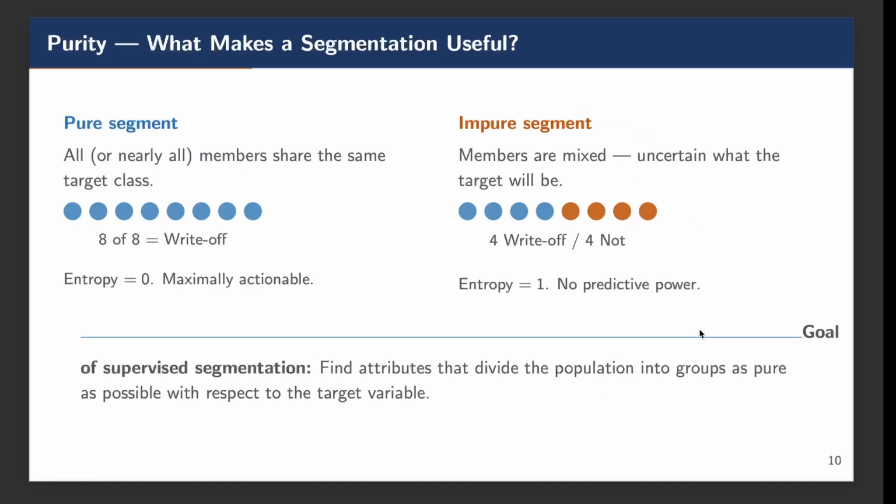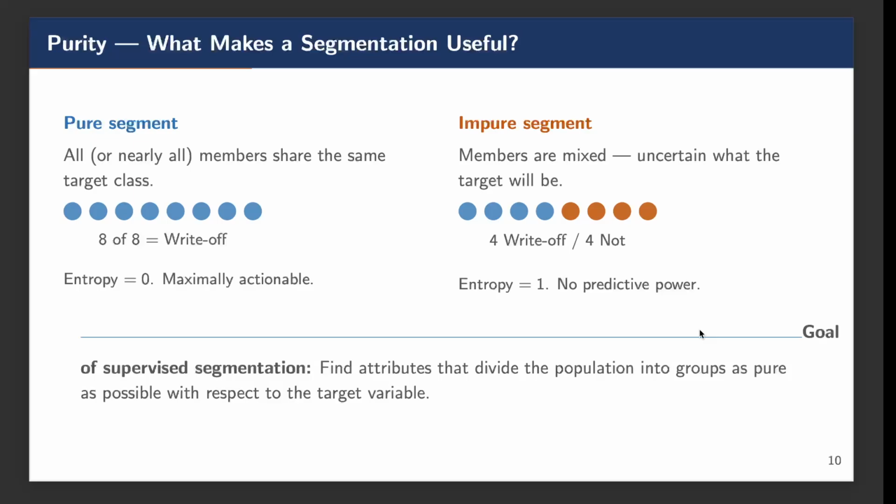Next, we want to understand what makes a segmentation useful. And here we talk about purity. Purity is how accurate, how pure the segmentation is. Imagine if we could meet in a physical classroom and I try to divide you based on several attributes, maybe gender, age, and so on.